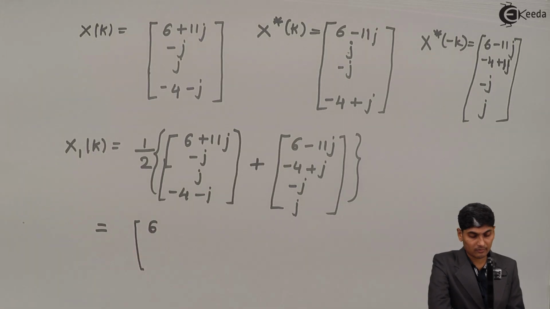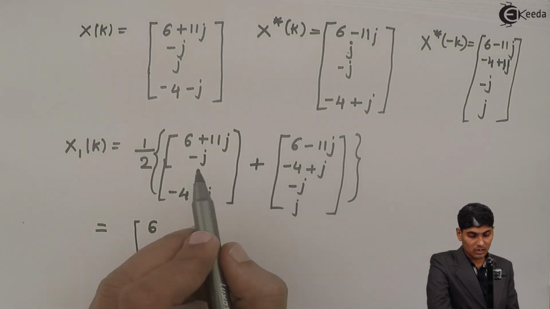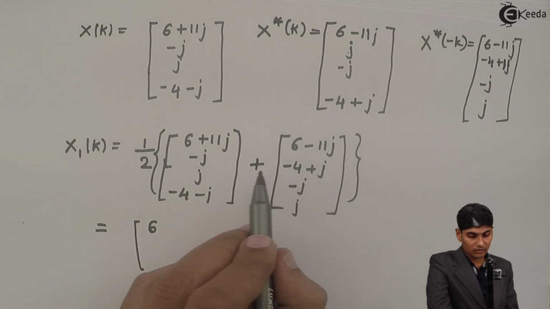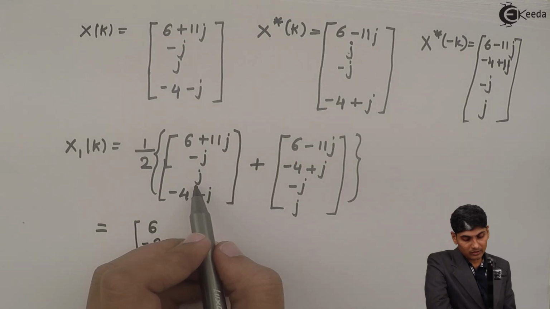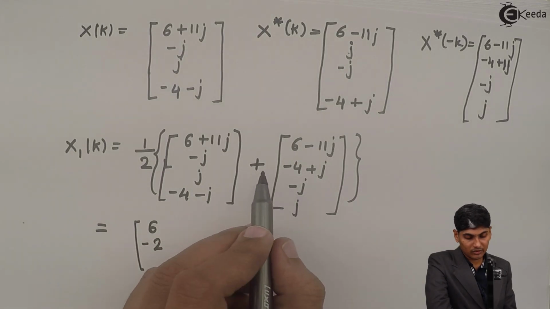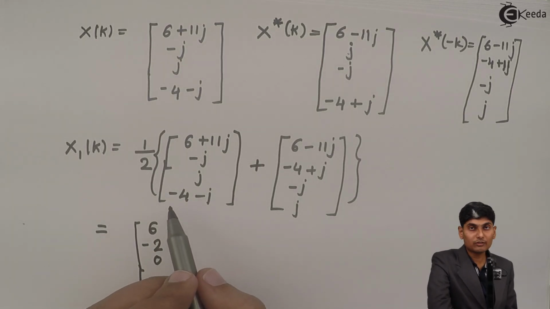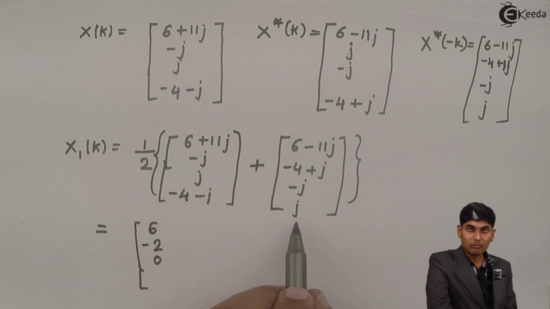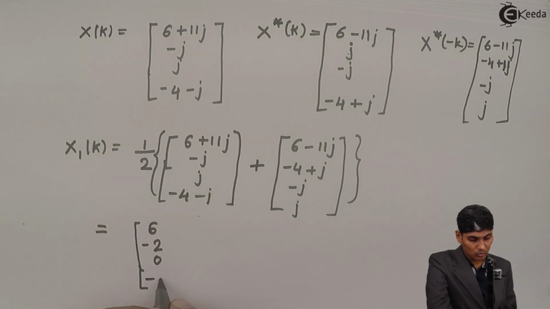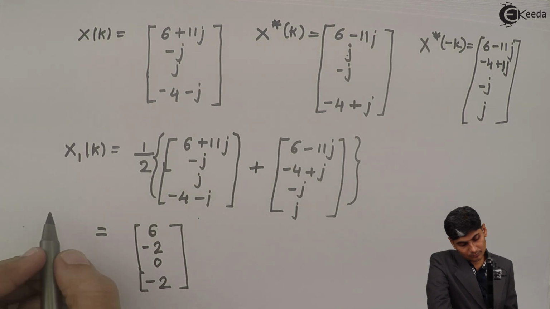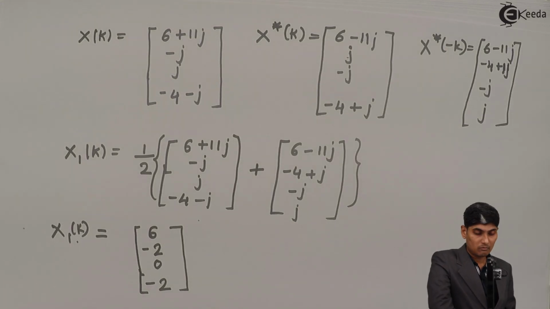Next, minus j added with minus 4 plus j. Minus j plus j will get cancelled. Minus 4 divided by 2 is minus 2. Next, minus j added with plus j gives 0, and 0 divided by any number is 0. Then minus 4 minus j added with plus j: j will get cancelled. Minus 4 divided by 2 is minus 2. So x1 of k is nothing but 6, minus 2, 0, minus 2.